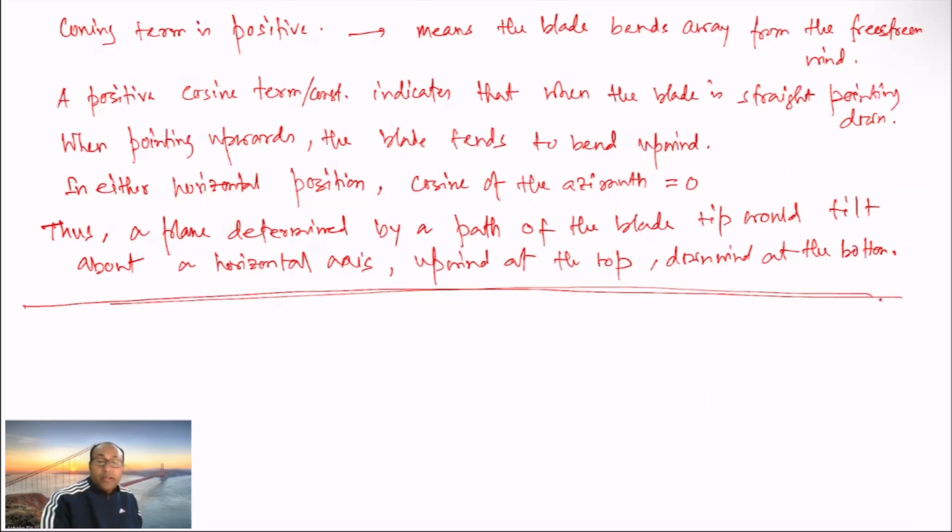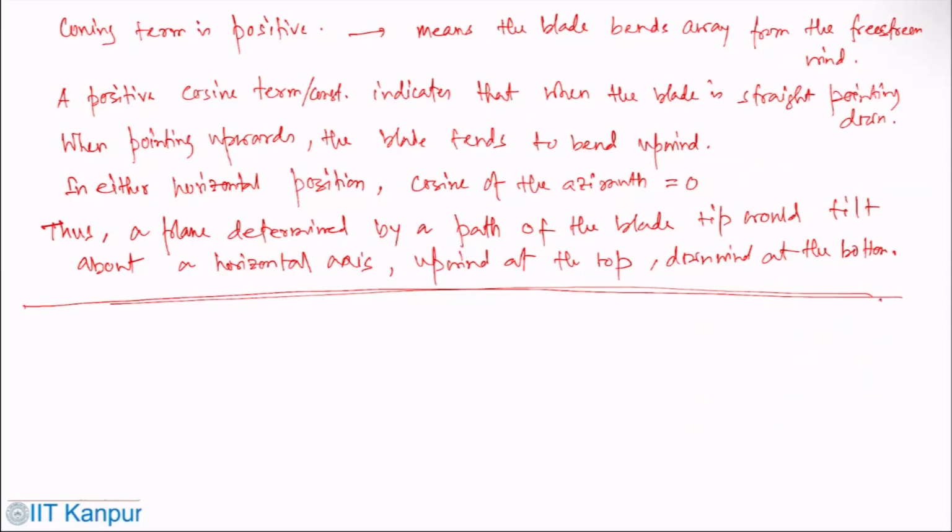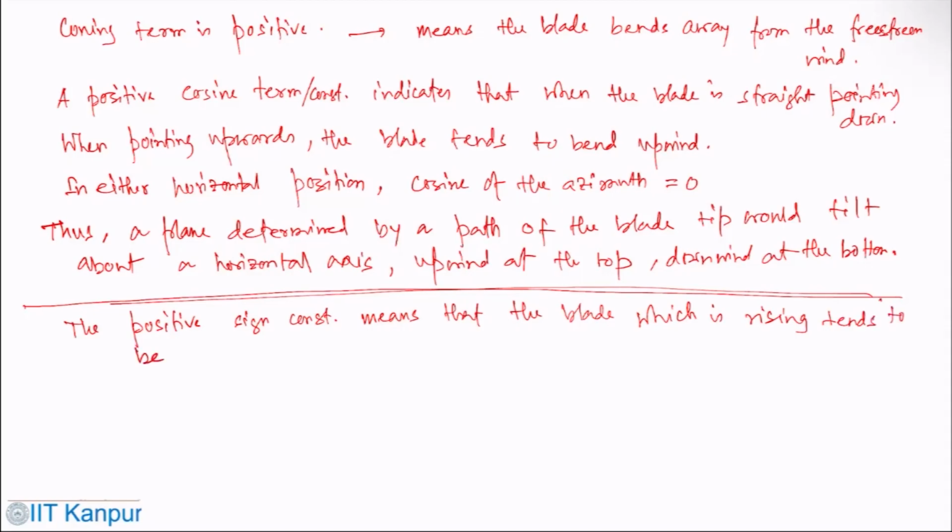Now, similarly, for the sine term, we can have the positive sine constant, which means that the blade, which is rising, tends to be bent downwind when horizontal.